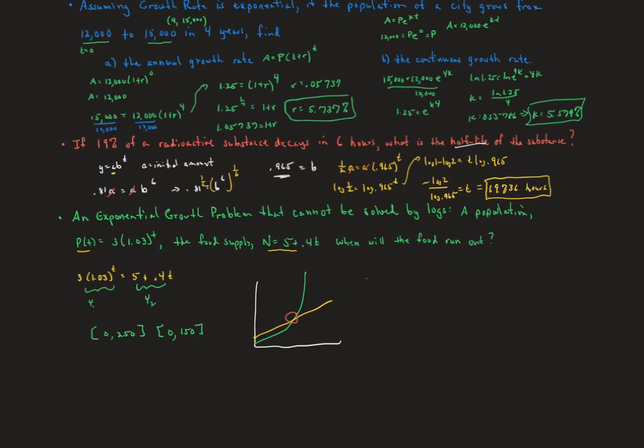And I am getting t is equal to 87.699 when I round to 3 decimal places. And we weren't really given that. I'm guessing that's going to be in years. So that means we've got about 87, 88 years to try to figure out how we can get more food or limit our population growth. Very good.